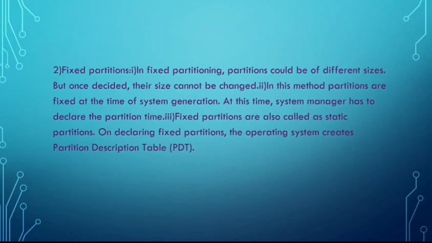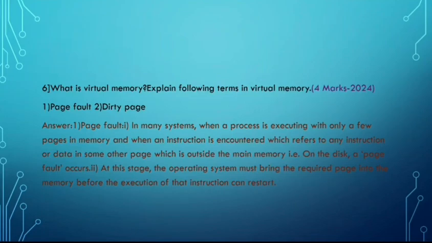In this, the main memory is divided into fixed size partitions, which can be of equal and unequal size. Whenever we have to allocate memory to a process, a free partition that is big enough to hold the process is found. Like the first process is of 16 MB, then the second process is also of 16 MB, third 16, fourth 16. Every partition is of the same size. We cannot change it.